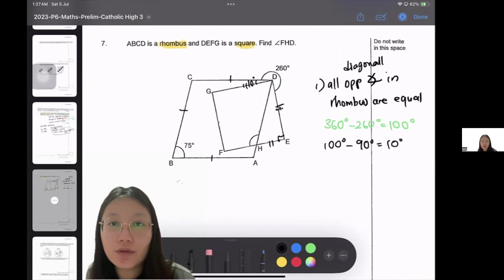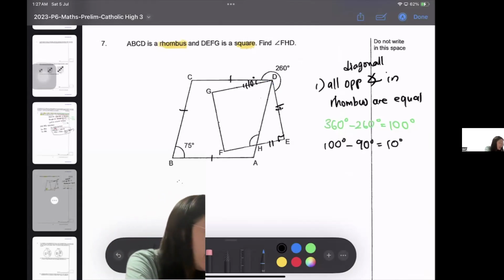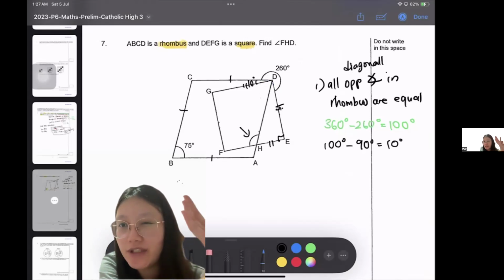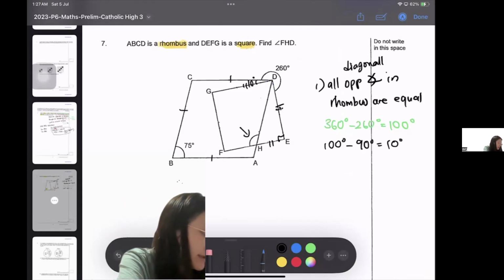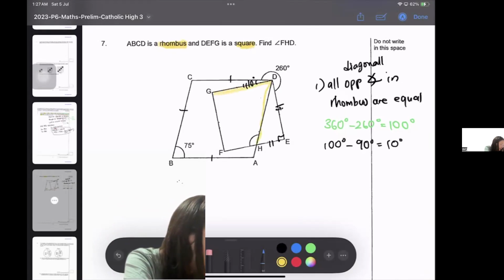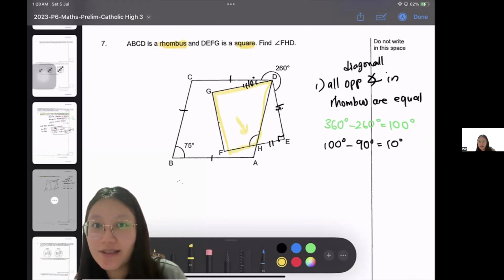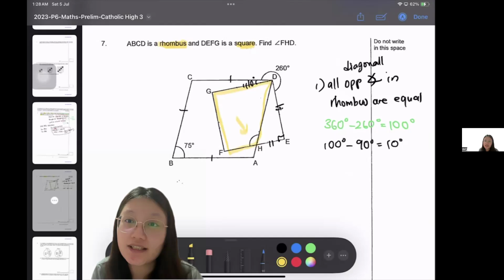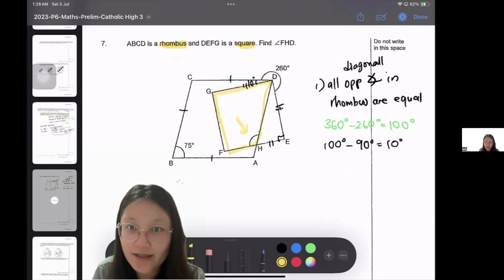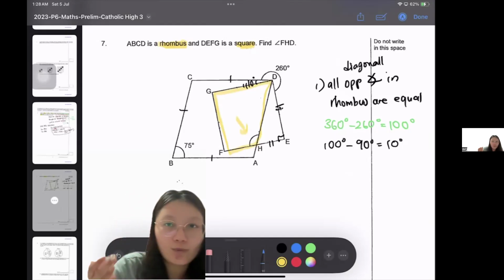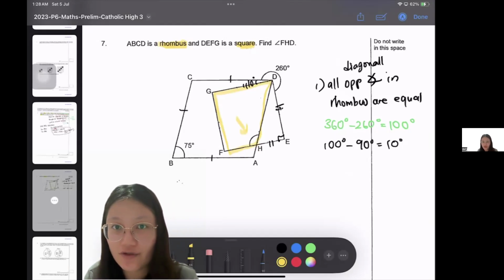Okay, in order to find the angle at the bottom here, what comes to my mind immediately is that the shape this angle is sitting on looks like a trapezium. So I most likely have to use the properties of a trapezium.